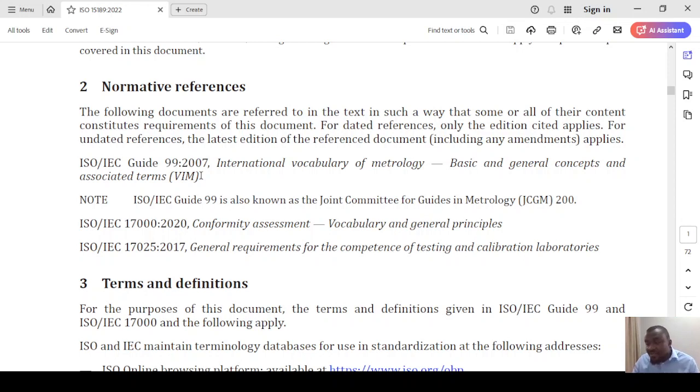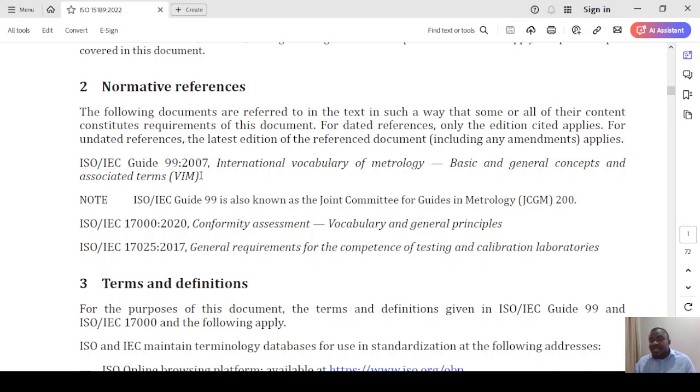Then you can look at 17000, which is the vocabulary and general principles used in 17025 for calibration and testing labs. So these were used as a basis in the implementation. You can do away without them, but you just need to know that all the information you're handling in your current standard is derived from those other standards.